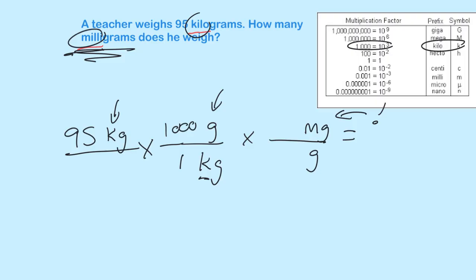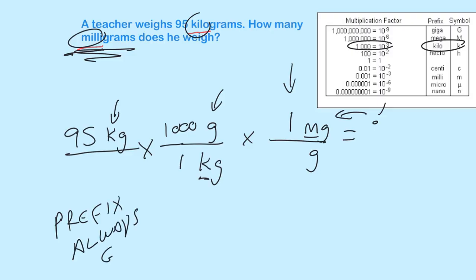Next thing I do is go to this section and put a 1 next to milligram. It's got the prefix, the prefix unit always gets a 1 next to it. Okay, so then I go to milli, which is there, and again, milli means 0.001, or you can do 10 to the negative third, your choice.